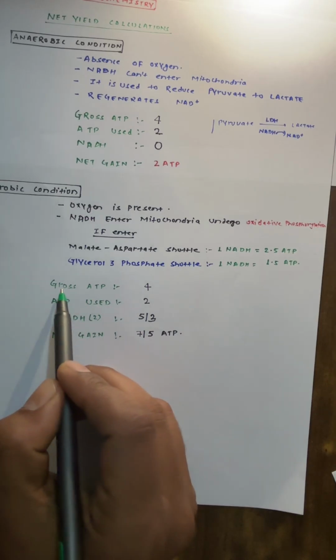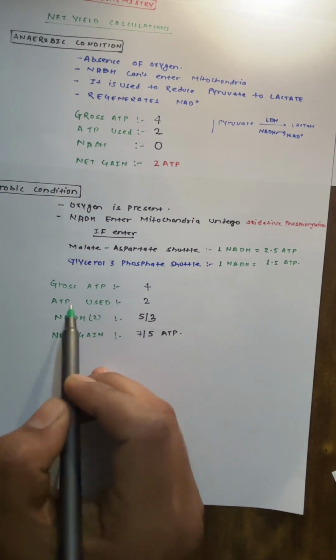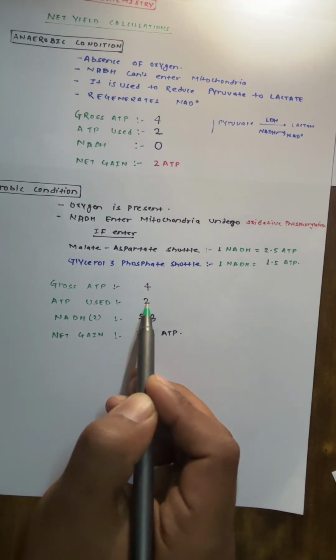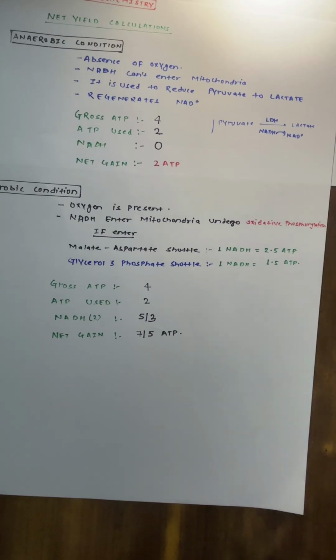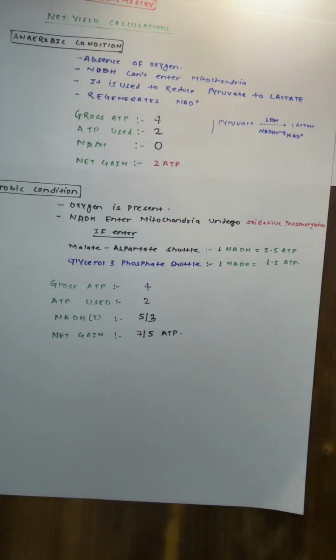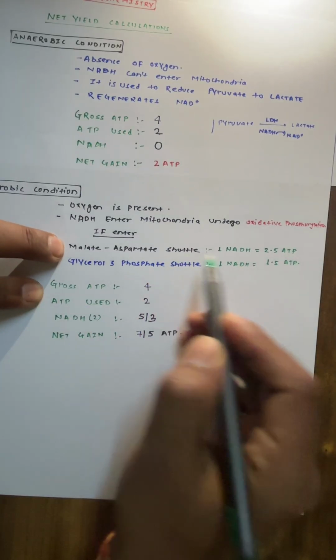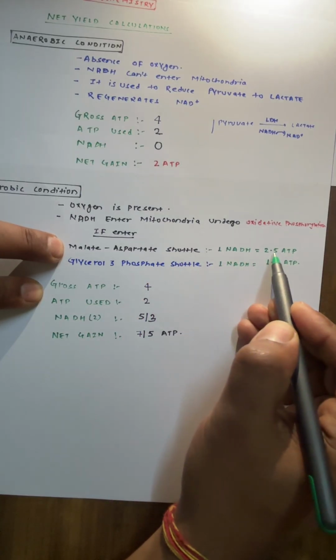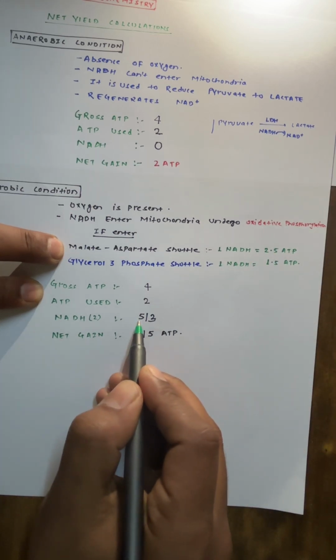So we all know that the total gross ATP we are producing is 4. The total ATP used during the cycle is 2. The total NADH we are producing in glycolysis is 2 in this step, right? Now if these 2 NADH enter the malate aspartate shuttle, then one NADH will produce 2.5 ATP, so 2 NADH will produce 5 ATP.